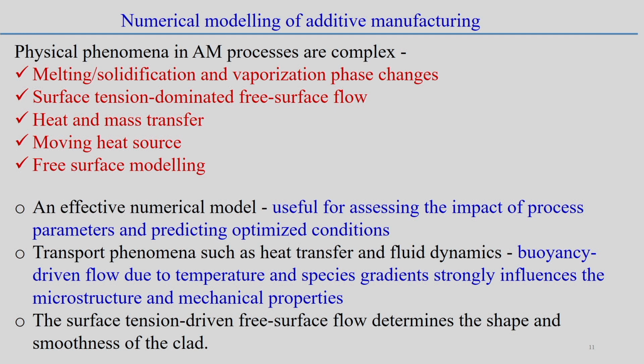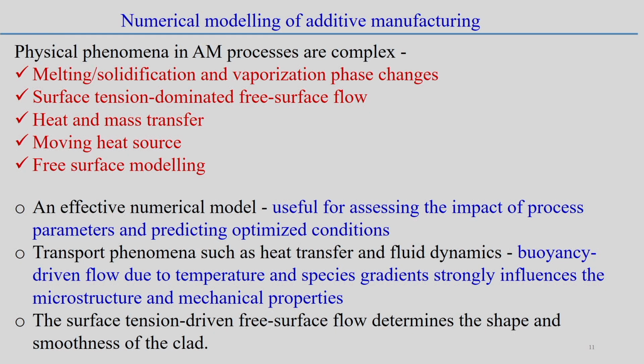So definitely it should be associated with melting and solidification, and sometimes if the laser intensity is very high, it can create some vaporization of the material, which is possible in the case of an alloy system when you try to deposit the alloy. Apart from these things, there is surface tension dominated free surface flow. It means that when depositing a particular material, it forms a certain kind of bead shape depending upon the material surface tension, or on the temperature at which you are depositing the material.